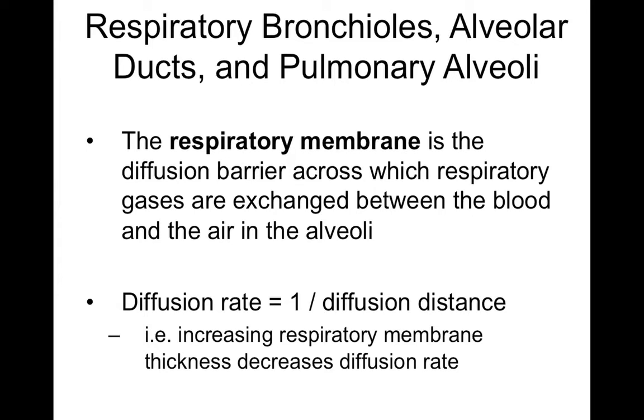And so the reason why we want our respiratory membrane to be thin is to allow for diffusion to occur quickly. Now remember, diffusion is a passive process. So diffusion is where gases or molecules can move from an area of high concentration to low concentration, right? So imagine the air-filled spaces of your alveoli. They're going to have a higher concentration of oxygen than the oxygen levels in your blood.